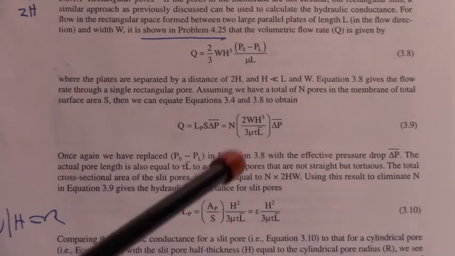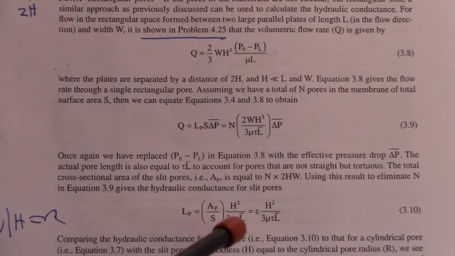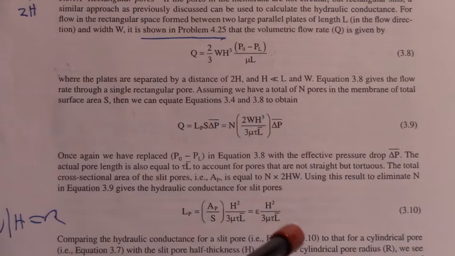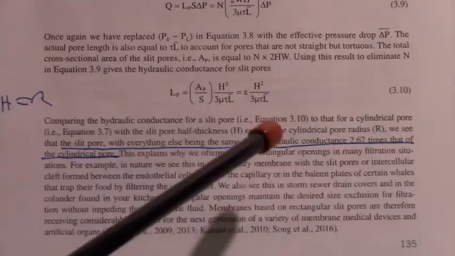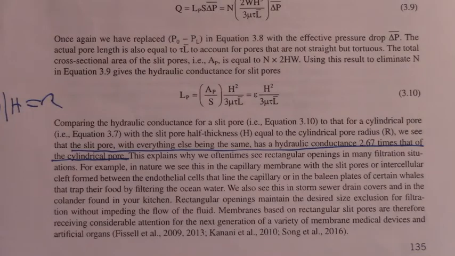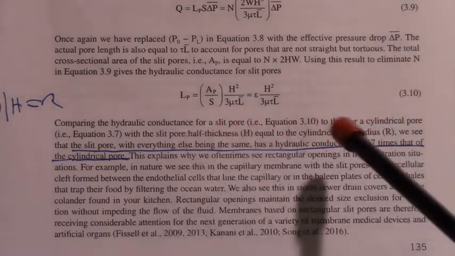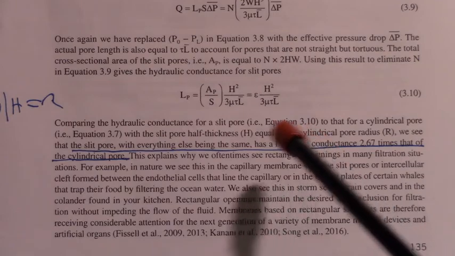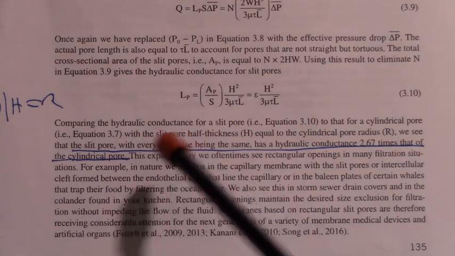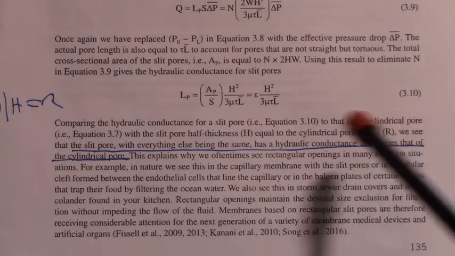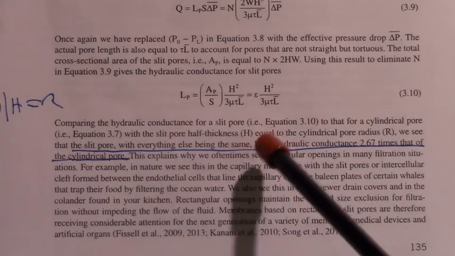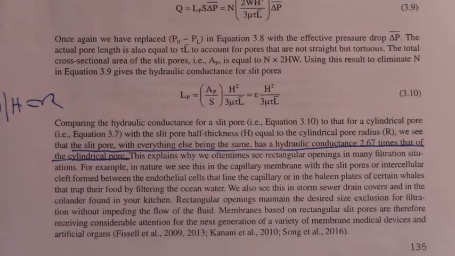And it's kind of interesting to compare these two results, the hydraulic conductance given by equation 3.7 for a cylindrical pore and this one for a rectangular pore. Comparing these, with a slit pore half thickness equal to the cylindrical radius. So if you were trying to evaluate, should I go with cylindrical pores versus rectangular pores, and you said, okay, let's make the cylindrical pore radius the same as the half thickness of the slit.